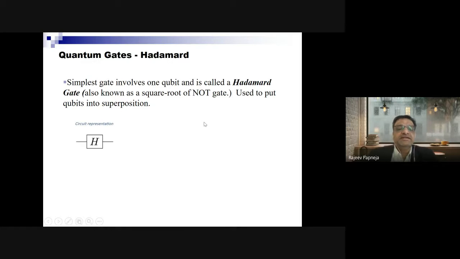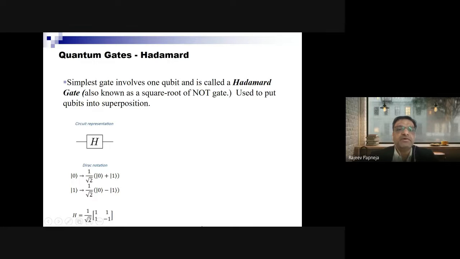It is represented by H in a box. And the Dirac notation is bracket of 0 goes to 1 upon root 2, bracket of 0 plus 1. It's known as the square root of NOT gate. And bracket of 1 goes to 1 upon root 2, bracket of 0 minus 1.